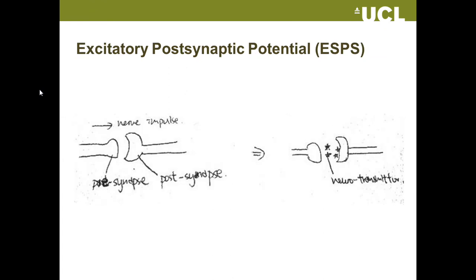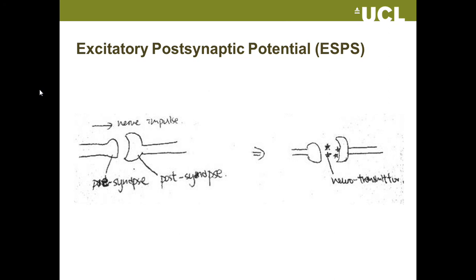So this is what our brain looks like. When the action potential runs all the way down the axon, once it hits the end, the synapse will be activated and release neurotransmitter. The neurotransmitter will diffuse toward the postsynapse due to simple diffusion.